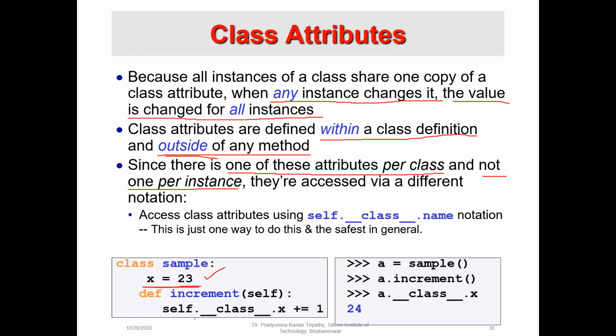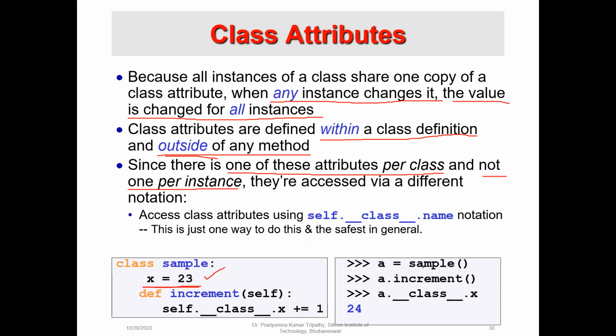And how to access it? I will write self dot underscore underscore class underscore underscore dot x plus equals 1. Is it understood? So we can access it by using self dot class dot the class attribute name.